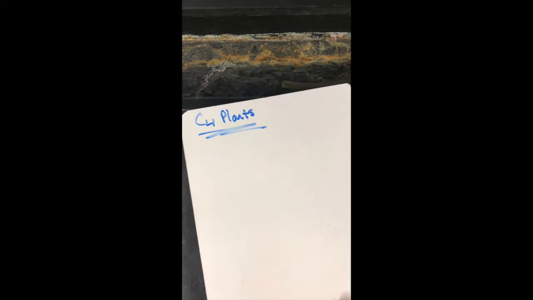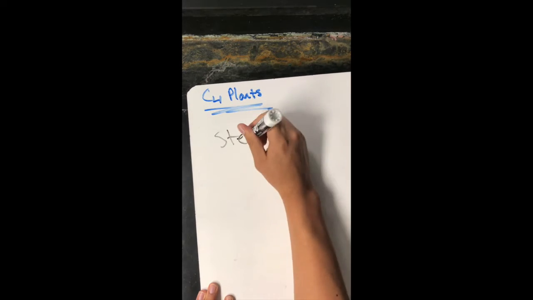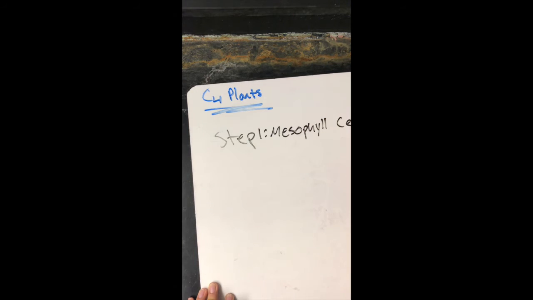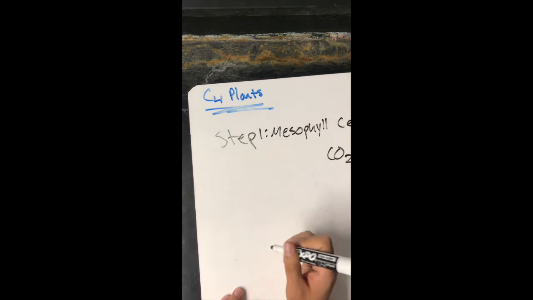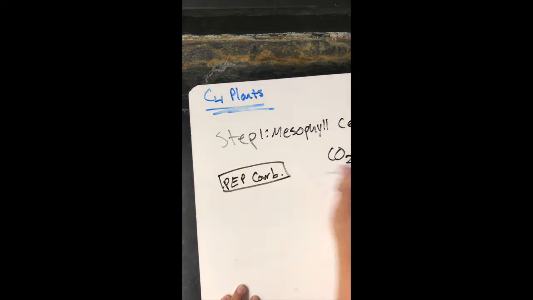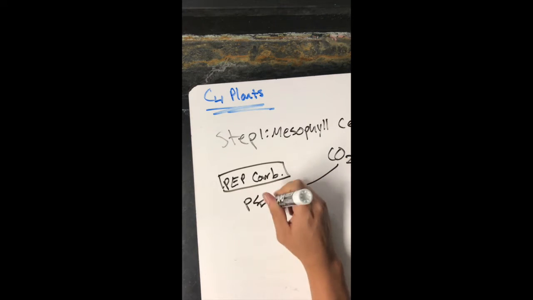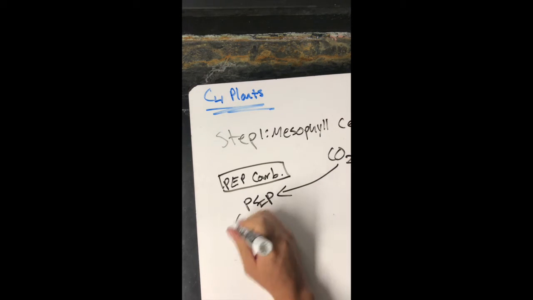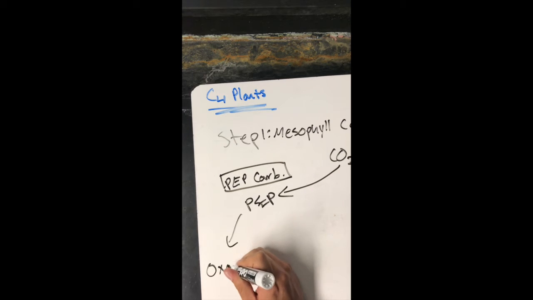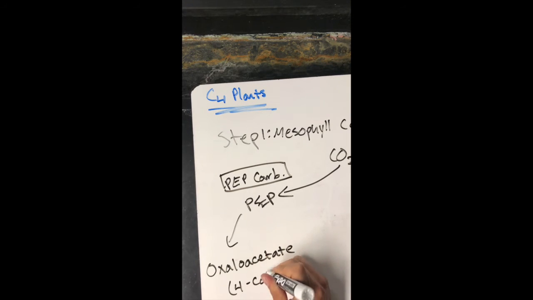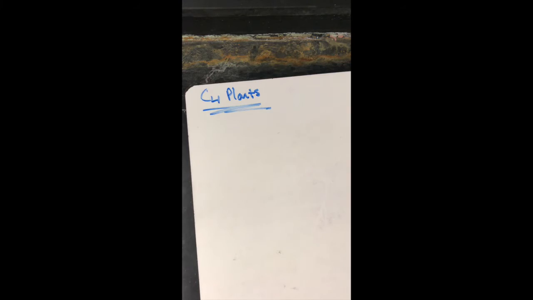In step 1 of the carbon fixation cycle, an enzyme called PEP carboxylase adds CO2 to PEP, or phosphoenolpyruvate, forming oxaloacetate, a 4-carbon product. This process happens in the mesophyll cells.